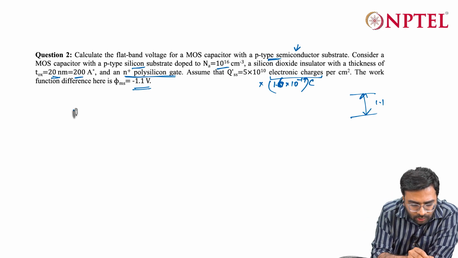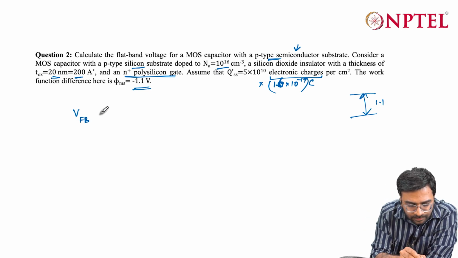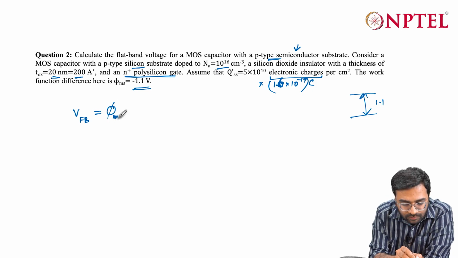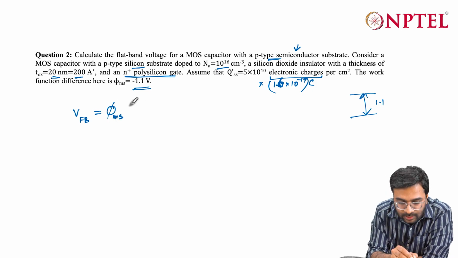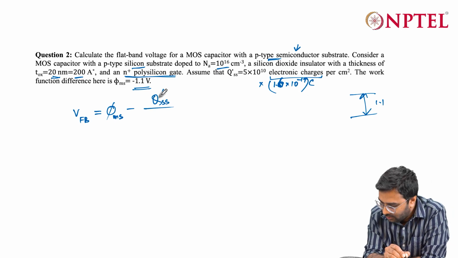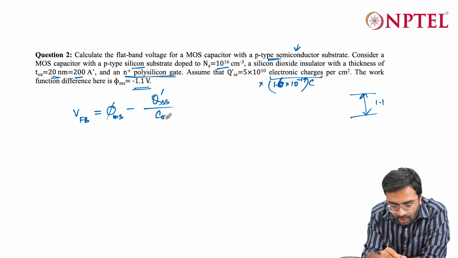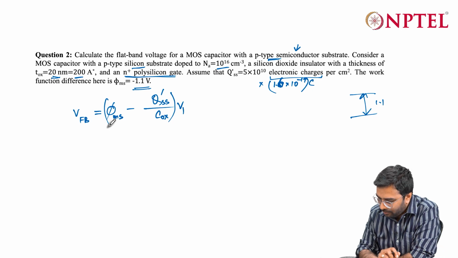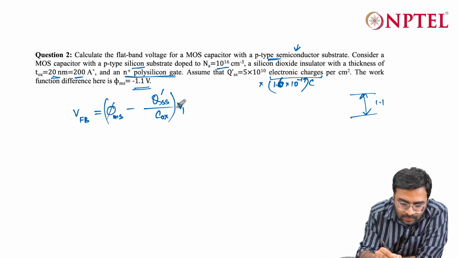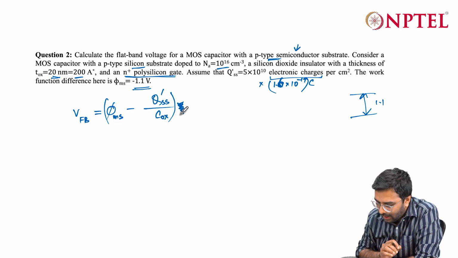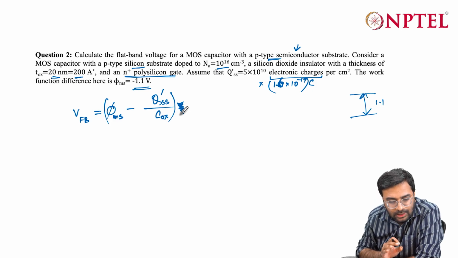Now, the equation for the flat band voltage is VFB is equal to the work function that we have minus QSS dash divided by COX. This is what the equation is. Now, we have almost all the values present.